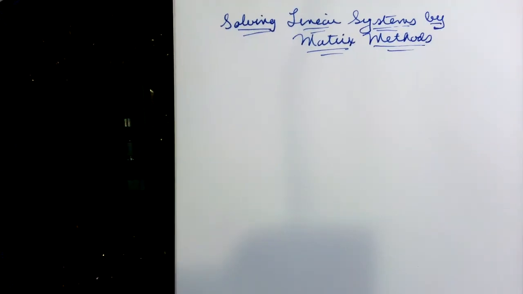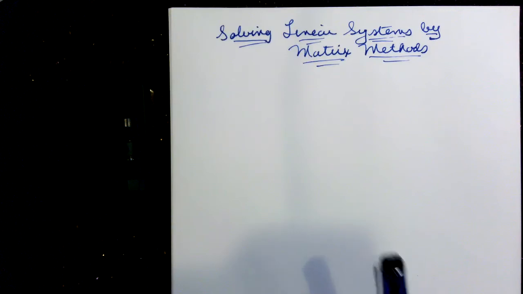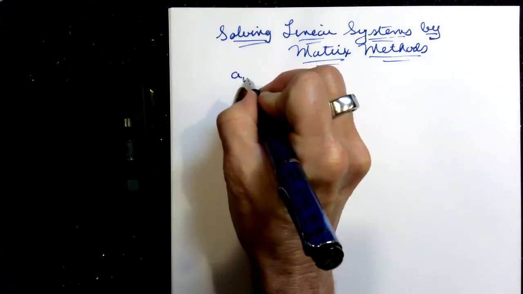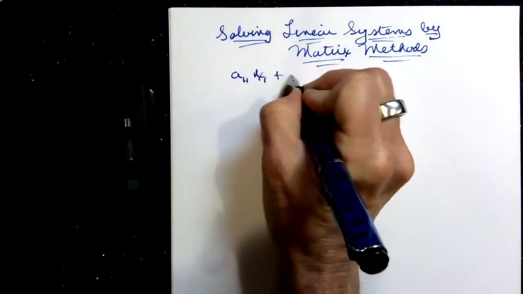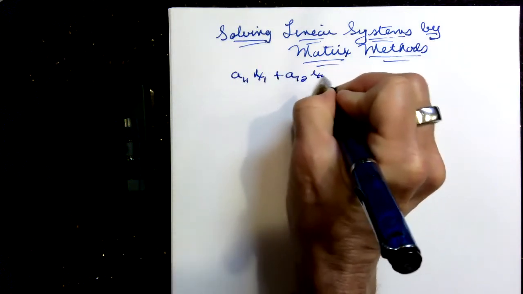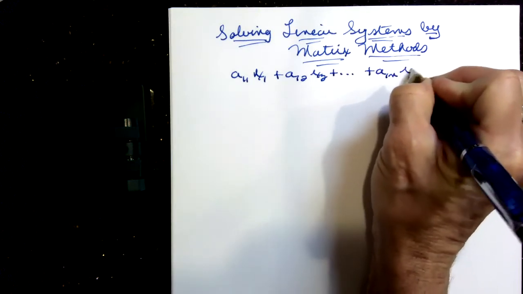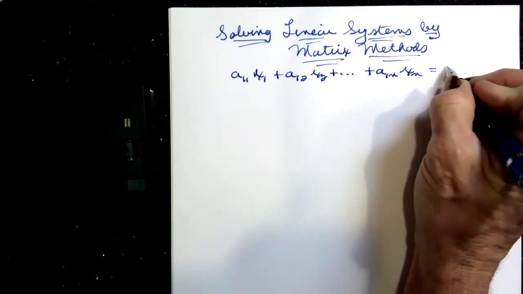Okay, welcome everybody to a short lecture on linear systems by matrix methods. So we already saw how to solve a linear system of the form: let's say we have n equations in n unknowns.